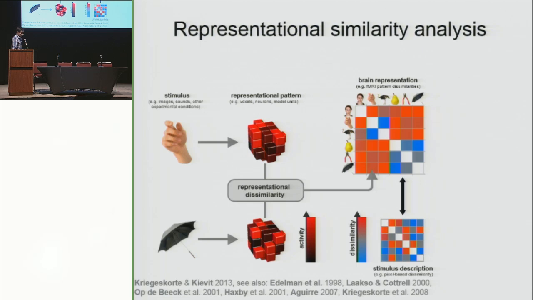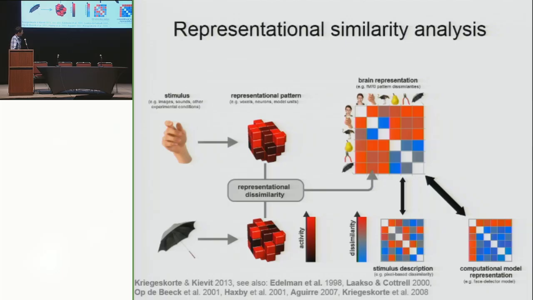For example, it could be the representation in a simple stimulus description, such as the pixel-based dissimilarity. It could be a representation in a computational model that we show our particular images to. So the model would process the visual images, and then it's got its own internal representational patterns, and we can play the same game and look at the dissimilarity matrices for these representations.